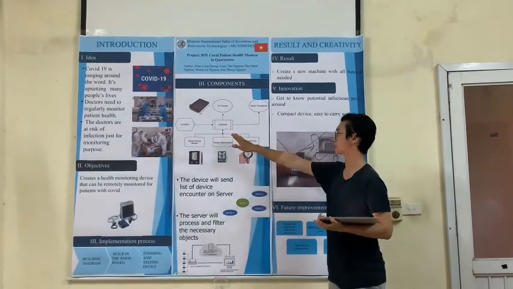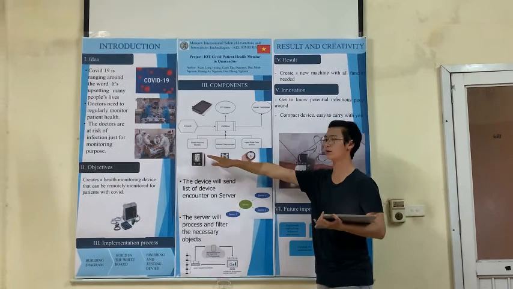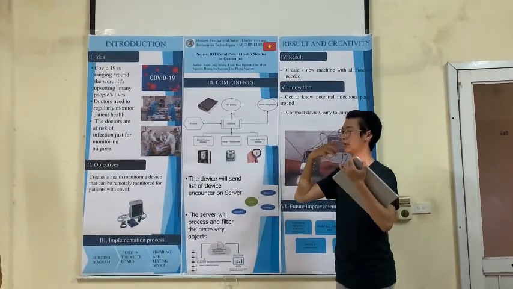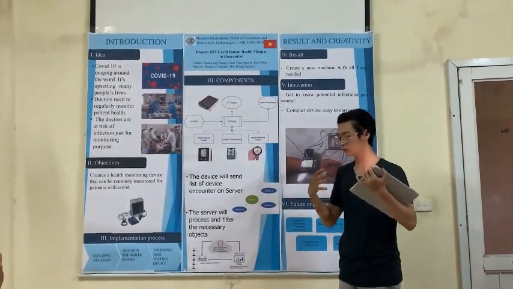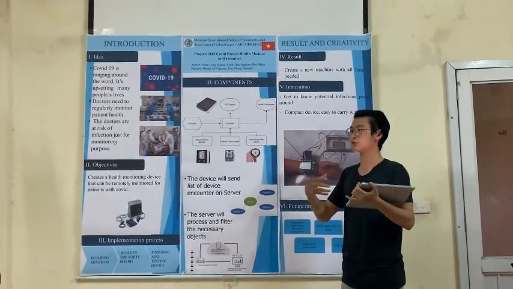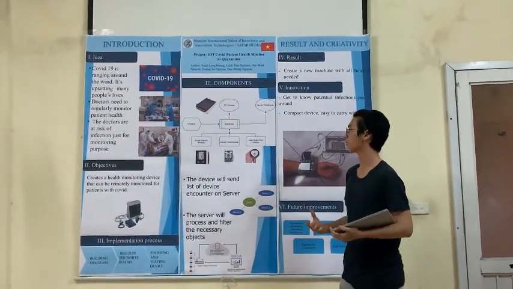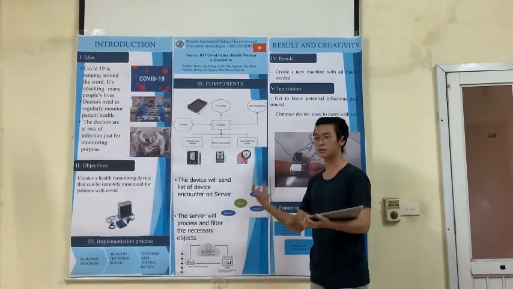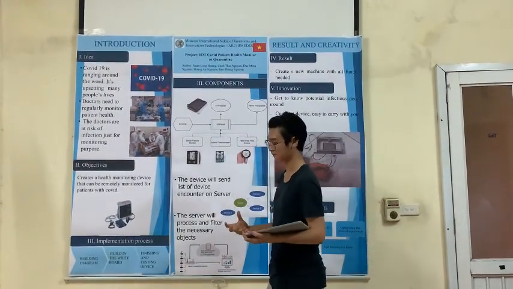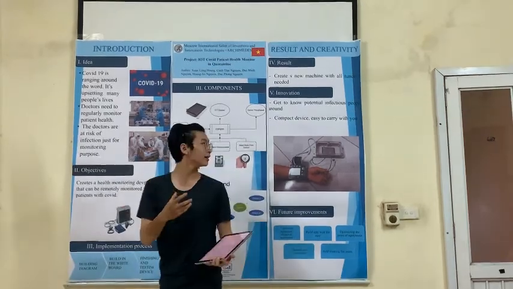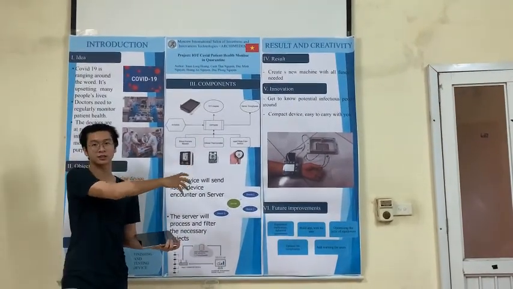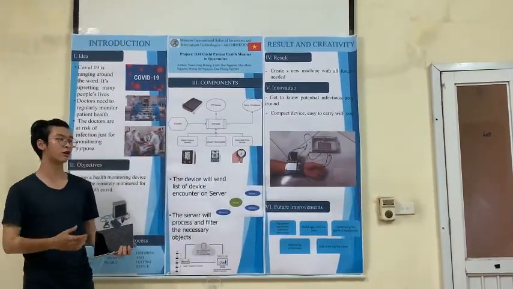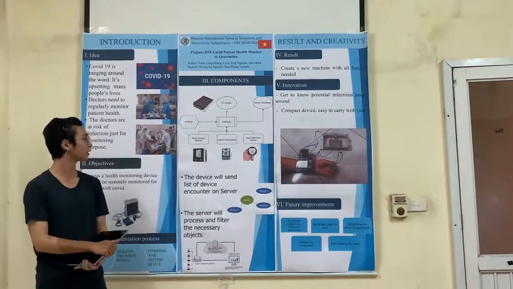The ESP8266, the blood pressure monitor as something that will get the data about the blood pressure of the user. The infrared thermometer will get the temperature of patients, and the heart rate flow sensor will get the heart rate of the patient.